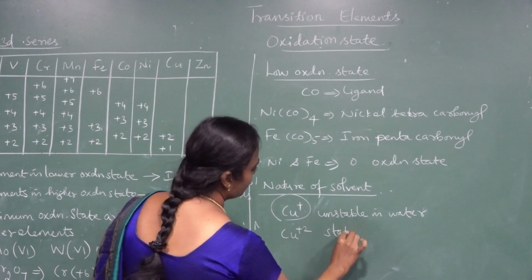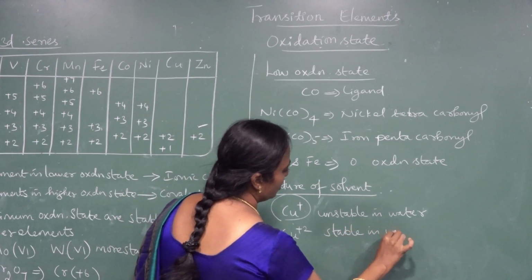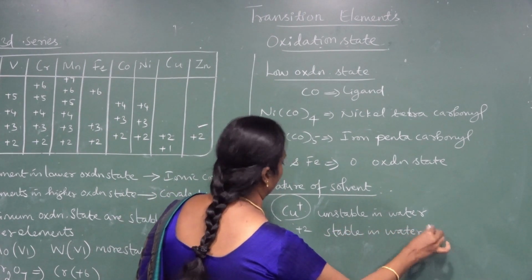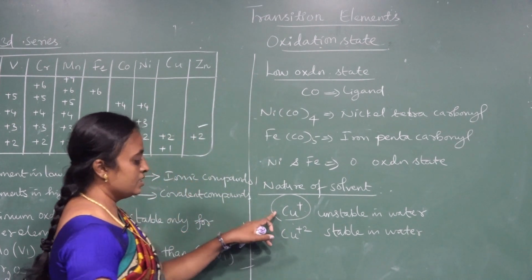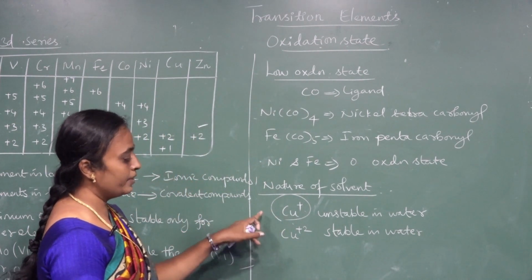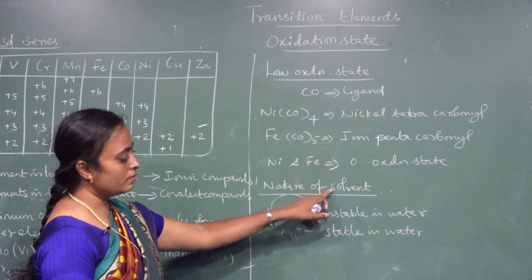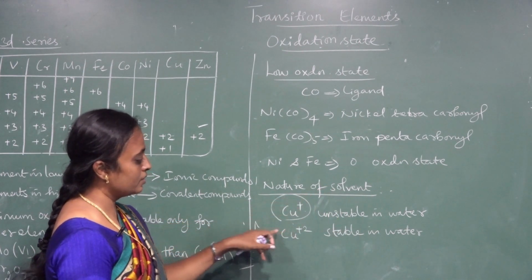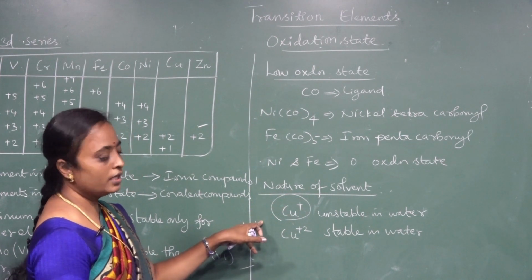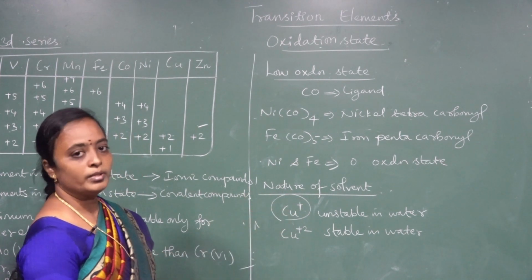That will be stable in water. So the oxidation state also depends upon the nature of the solvent. Here we are using water as the solvent. So I have explained with the two oxidation states, copper plus 1 and plus 2.